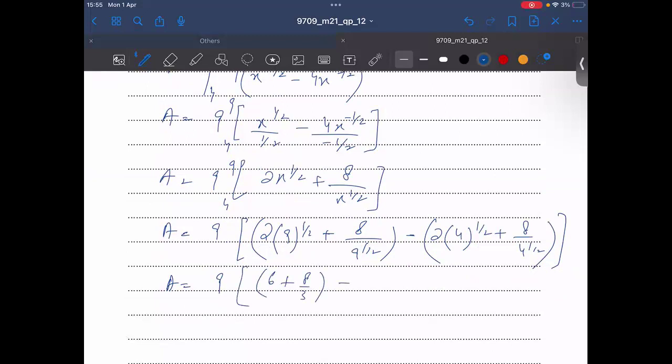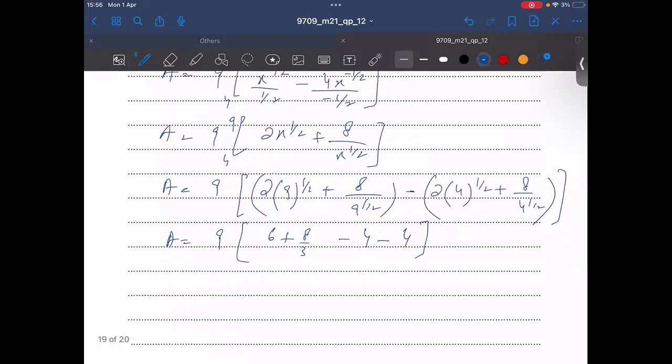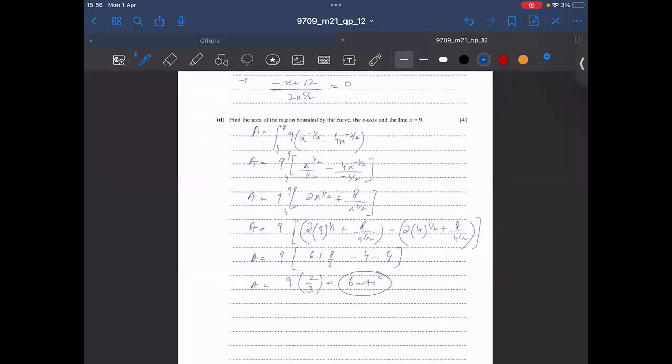And this is going to be minus 2 to the 4 and minus 8 over 2 is 4. So 6 minus 4 is 2. 2 minus 4 is minus 2, and minus 2 plus 8 over 3 is 2 over 3. And it's going to be 6 units square. Is it clear or not, Mr. Ahmad Ahmed?